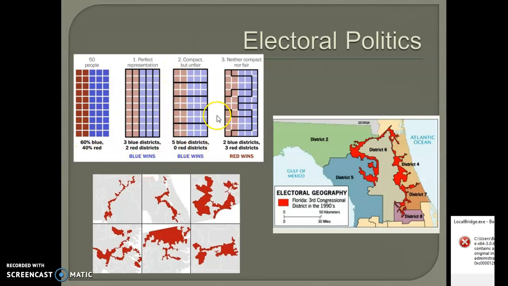If you divide it up this way, right, it keeps it very compact, very nice and clean, right? We don't get some funky looking district, but the way we choose to divide this up is not really fair, because in every district you have more blues than reds, and so what happens is that you get no red representation.